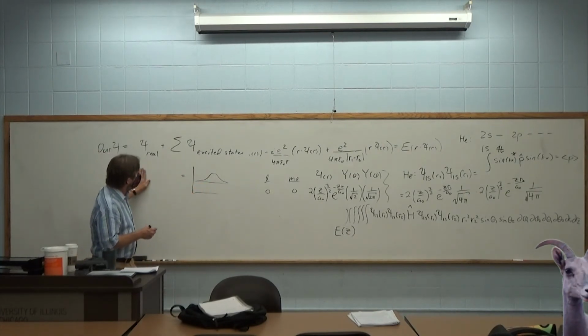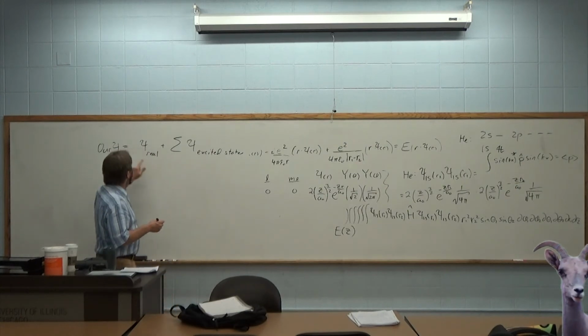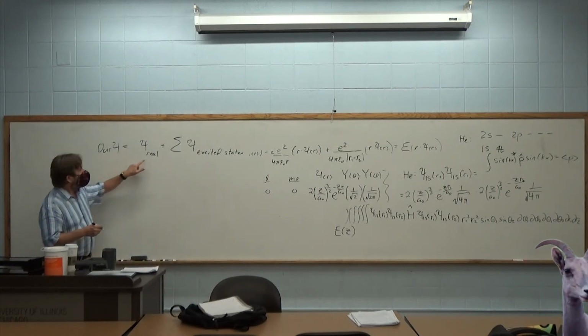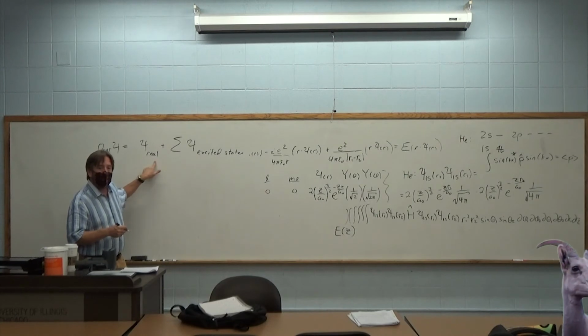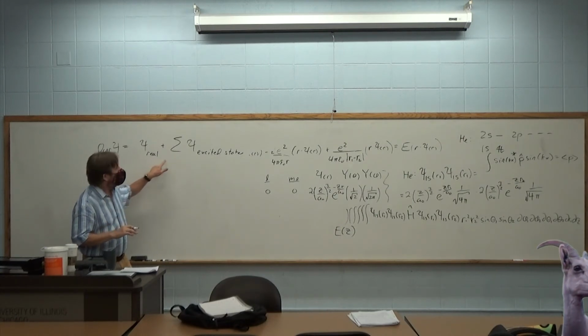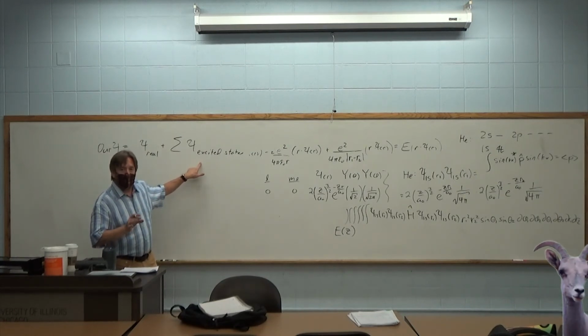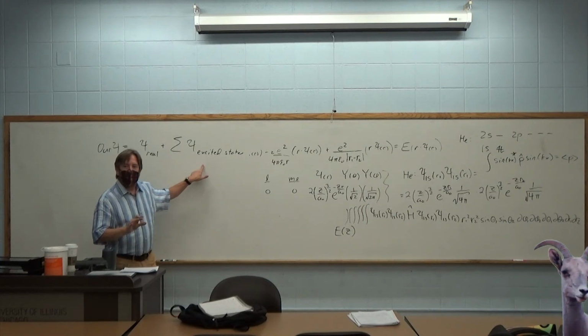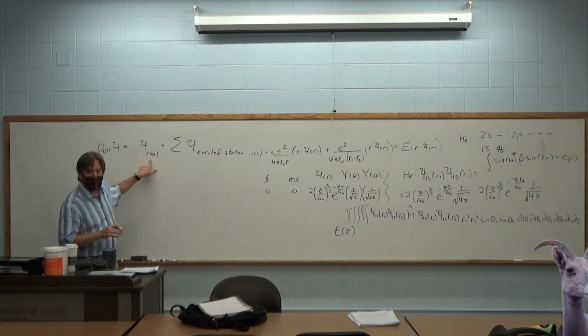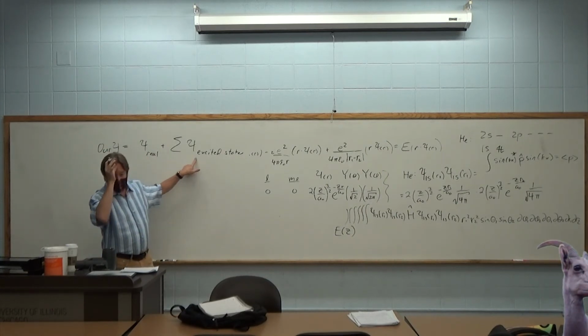Now my wave function is wrong. But it can be represented by the real helium wave function, which I don't know, that sucks, but whatever, plus the excited states of that helium wave function, because they span all space. I wrote it this way because there's only one ground state, and then there's excited states.